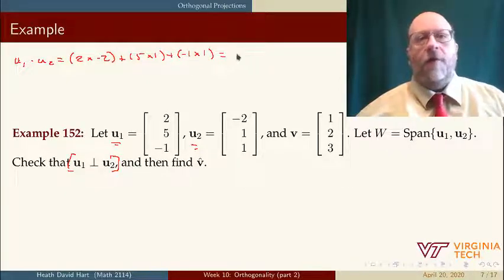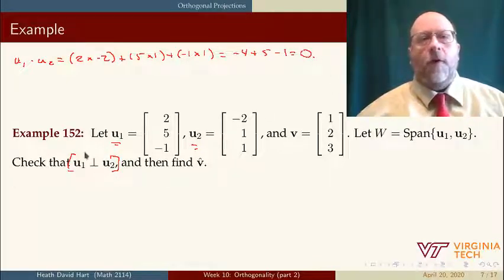This is -4. This is 5. And this is -1. -4 and -1 and +5 do add up to 0. And so we have checked that these 2 vectors are orthogonal to each other. And so now we're going to find the projection of V onto U1 and U2.